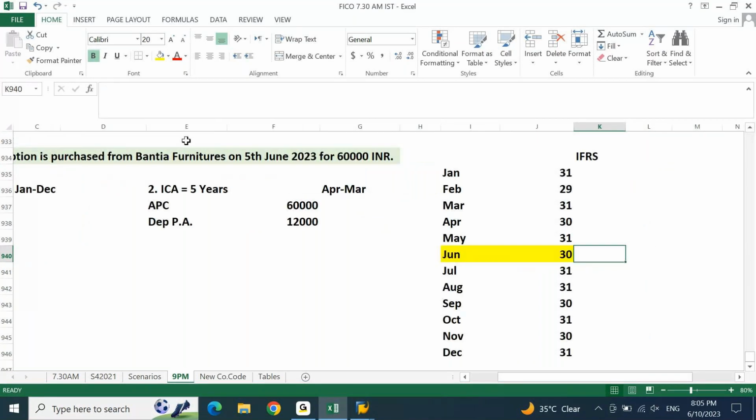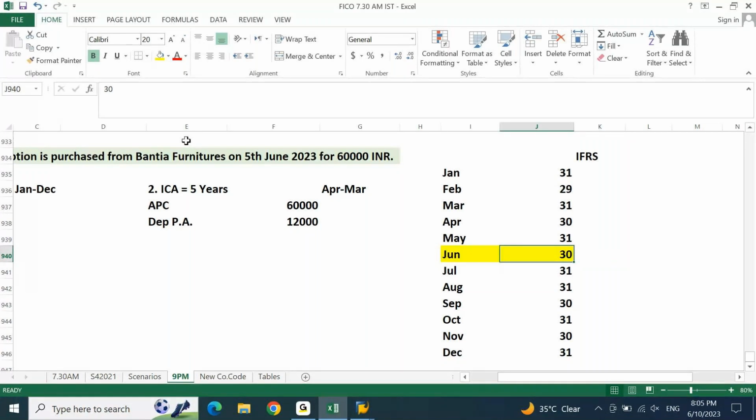Now in June, on what date did we purchase? 5th. June 5th you purchased. So you need to include June 5th and then count the number of days in June. So did we use 25 days or 26 days in June, considering 5th? 26.